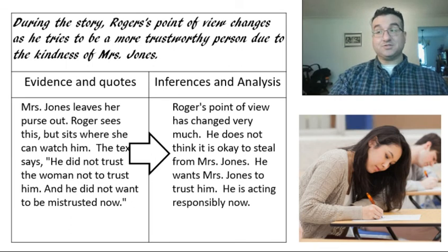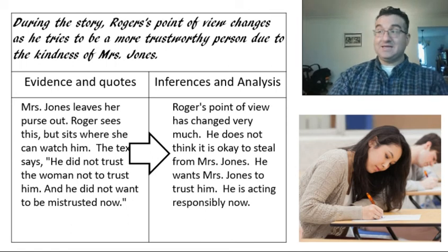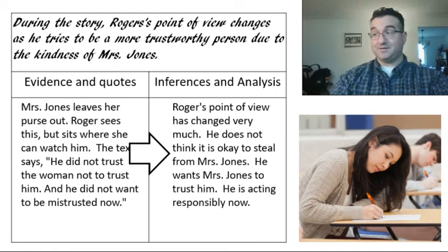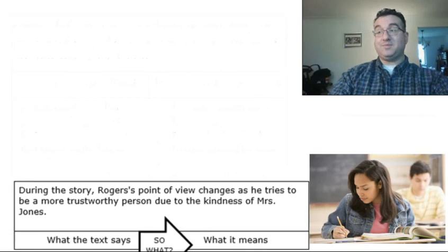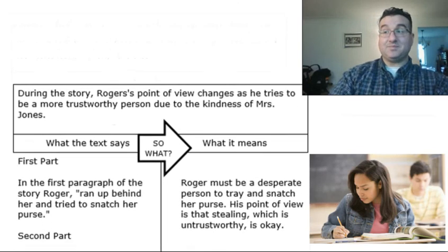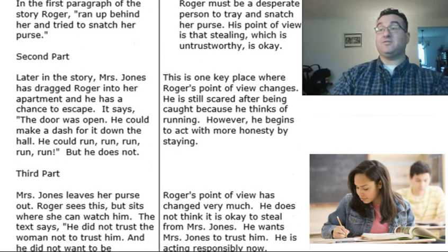We take Roger's actions and the quote from the story, and we refer it back to what his point of view is in that inference and analysis part. So we have 3 pieces so far. We can put them all on one big page with our main answer on the top and each of the parts. The first quote, second quote, and third quote.